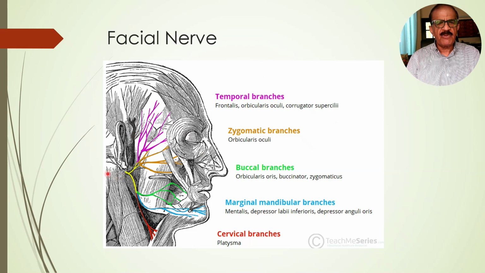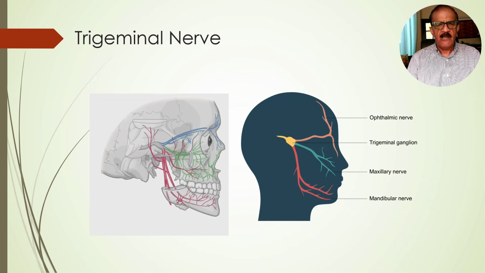Facial nerve comes out of the pons and then out of the skull through this small foramina, and then spreads out on the face, supplying the forehead and the eyelid, and then the facial muscles, and then the chin, and all these muscles are controlled by the facial nerve. Commonly, facial nerve can be paralyzed because of pressure, resulting in facial palsy. So we will have some slides on that also.